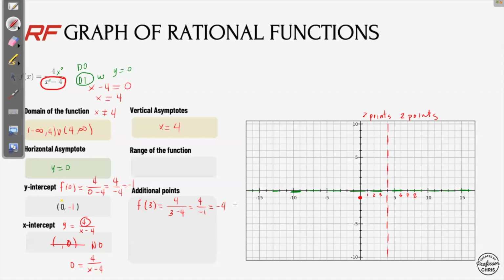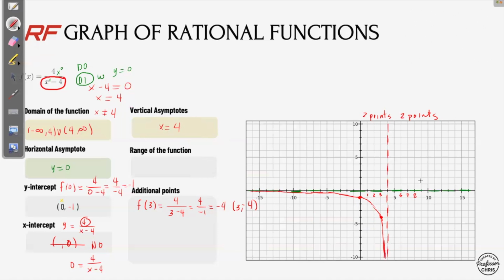And I get minus 4. The coordinate being 3 comma minus 4. So that is 3 comma minus 4 over here. And this graph will be approaching the asymptotes, both the horizontal asymptote and the vertical asymptote, like this. And then I'll be connecting the two values. So roughly, let me try to do a better job there. So something like that. And this will keep approaching the horizontal without ever actually touching it.